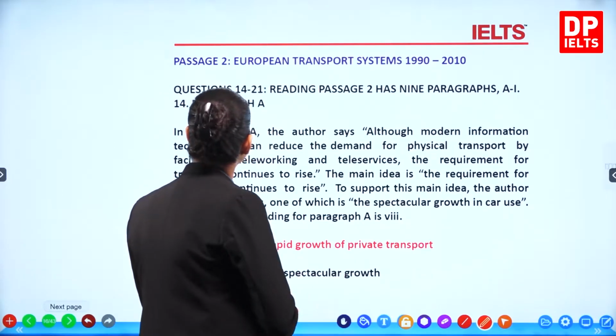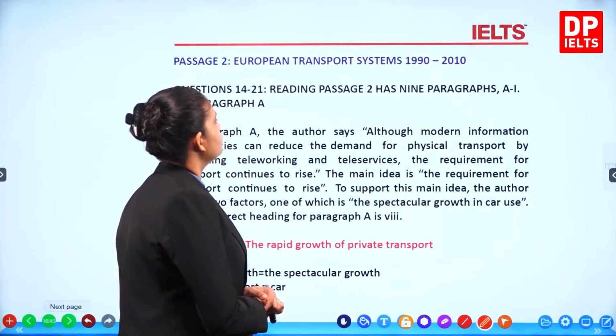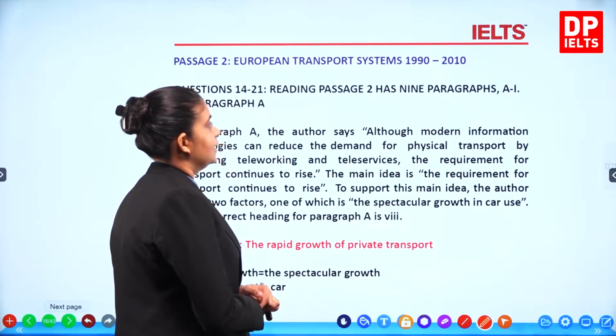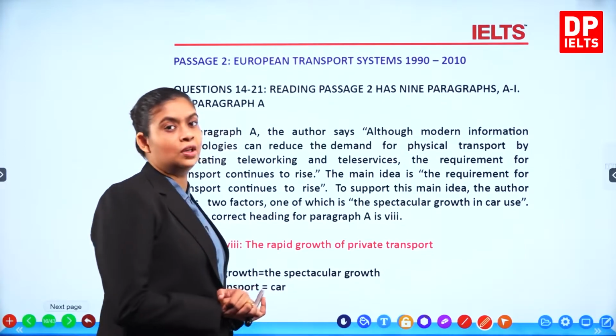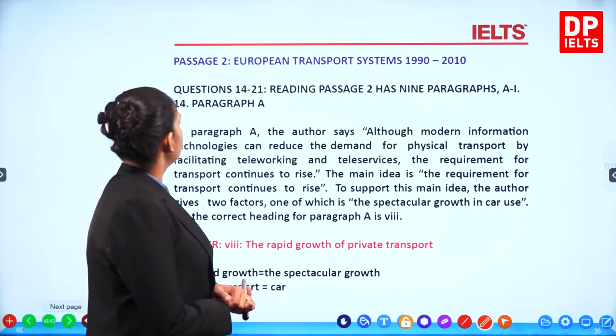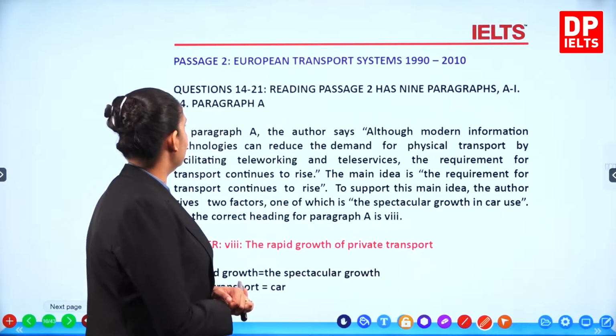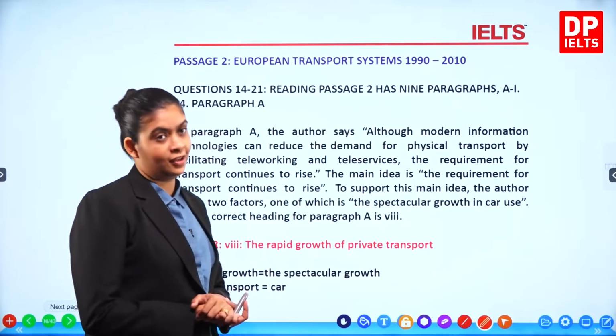Questions number 14 to 21, passage 2. European transport systems 1990 to 2010. Reading passage 2 has 9 paras, A to I, and you've got to match them.